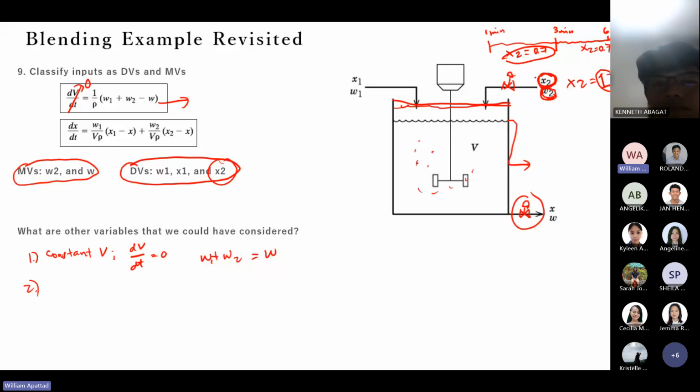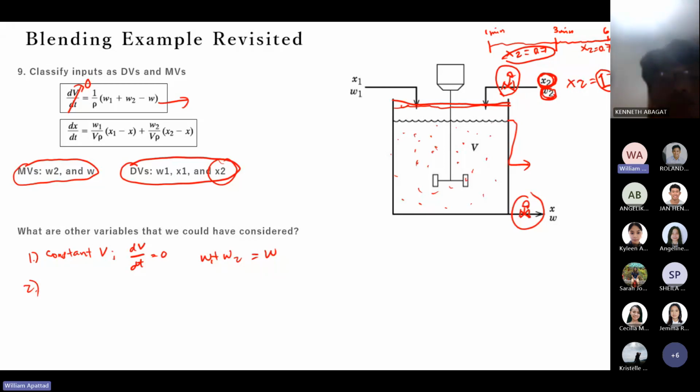Pero kung hindi natin alam ang value nitong X2, hindi mo alam kung tataasan niya ba or bababaan niya yung concentration dito sa tank natin. Gets ba? So it is a disturbance. Regardless na meron siyang control valve.